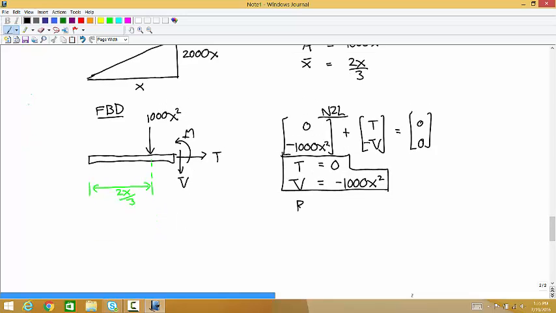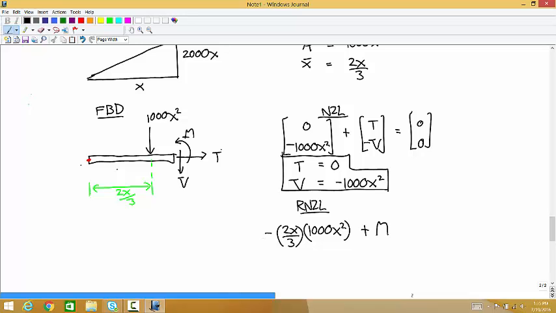And then the moment equation, we're taking the moments about the left endpoint. We always do that on all these internal loads calculations. You can put it anywhere, but this will make the calculation simpler. What's the moment arm of that 1,000x squared? 2x over 3. Yep, so 2x over 3 is the moment arm. The force is 1,000x squared, and is that clockwise or counterclockwise? Clockwise, so that's negative.